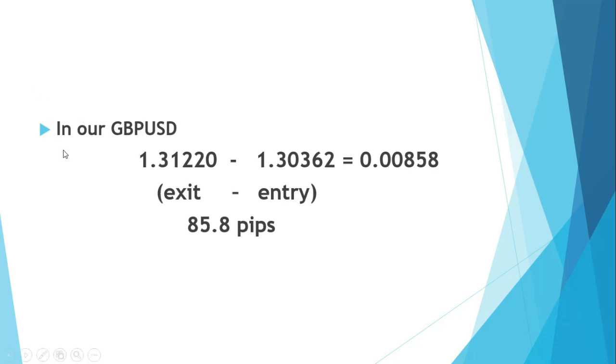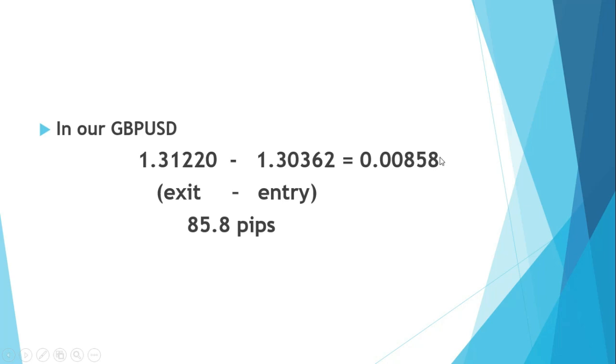Let me repeat this again. In this GBP USD, this is our exit point, this is our entry point. So what we did to get the pips is we took the digits of our entry. This is where we enter the market, and this is where we are looking at to exit the market. So we deduct the entry point from the exit point, and that gave us 0.00858.